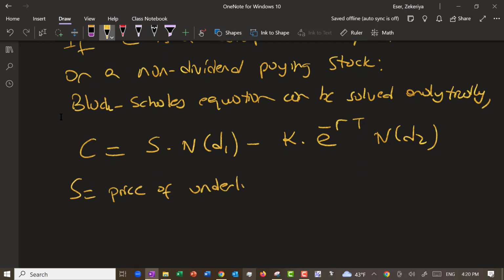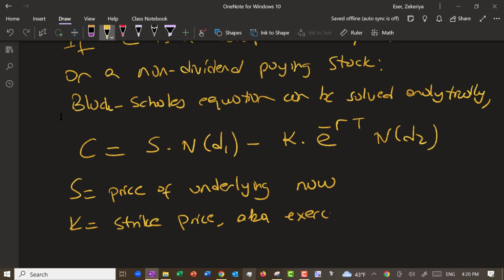S is the price of underlying now. K is the strike price, aka exercise price.